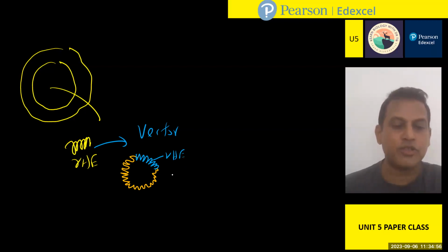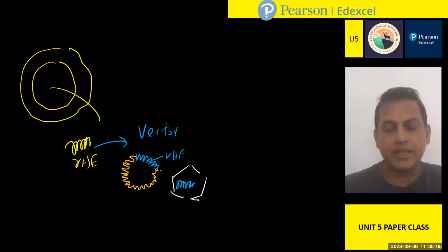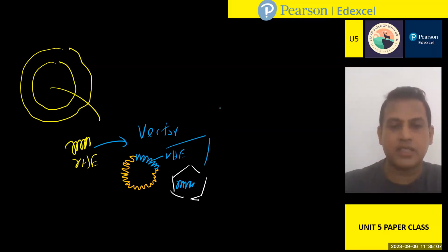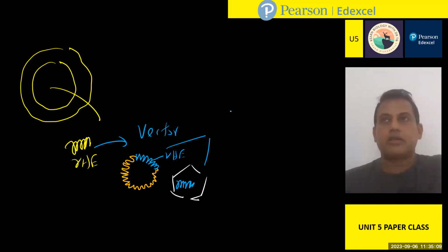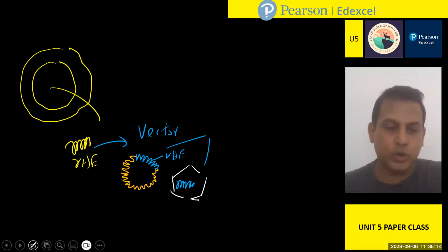Alternatively, we can use the virus, and we can introduce again the RHE gene to the virus, and these vectors deliver the gene to the zygote.